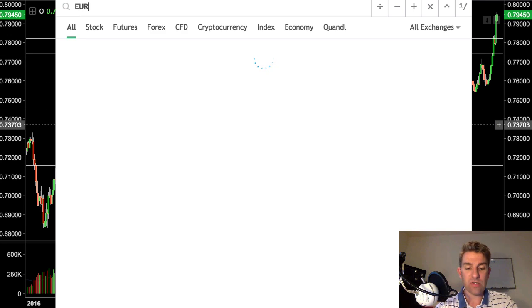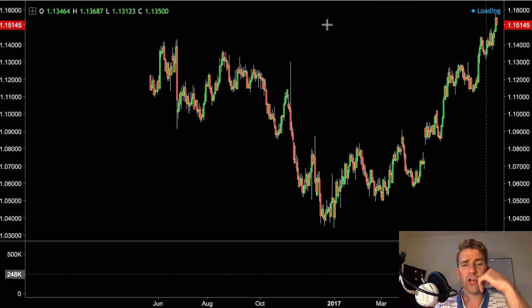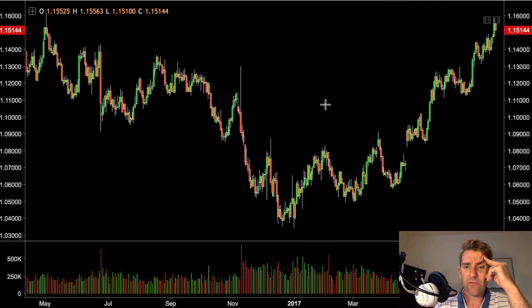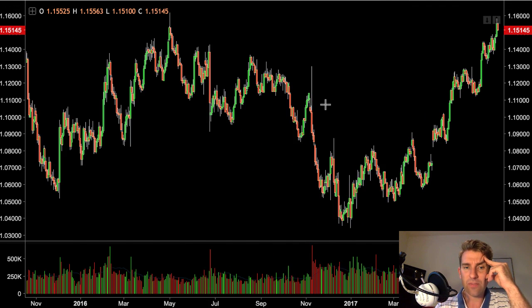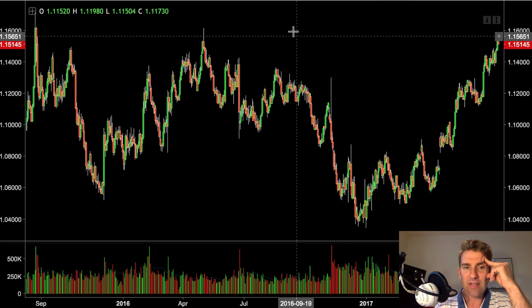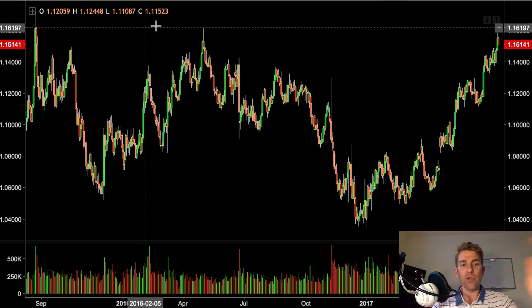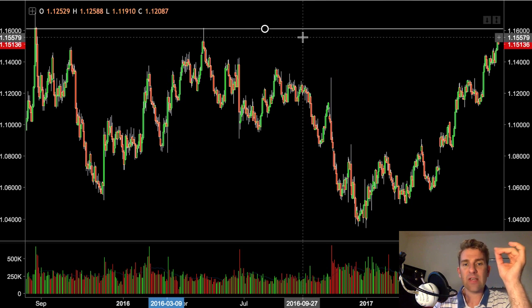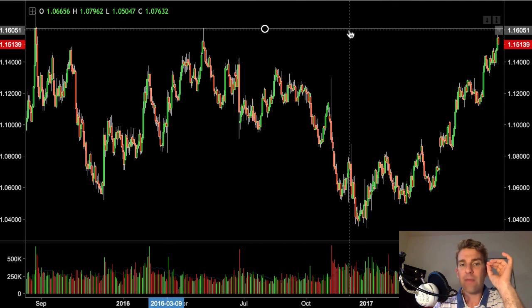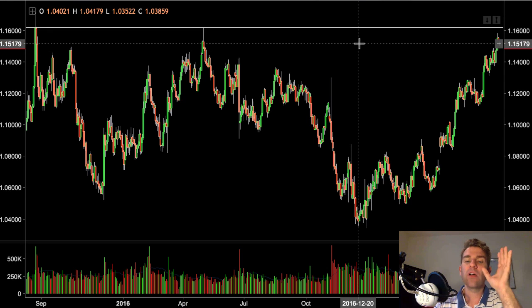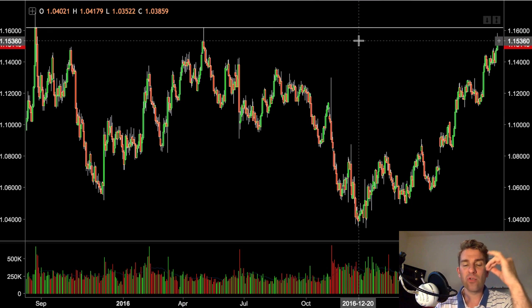Let's have a look at Euro US dollar on a daily chart. First of all, what have we got here? Have we got any resistance, any support? I'm zooming back, and I can see that we've got a high here. Now, a lot of people do like to use one price point and say that is a level of resistance. For me, I don't consider it a resistance until we've tagged it multiple times.